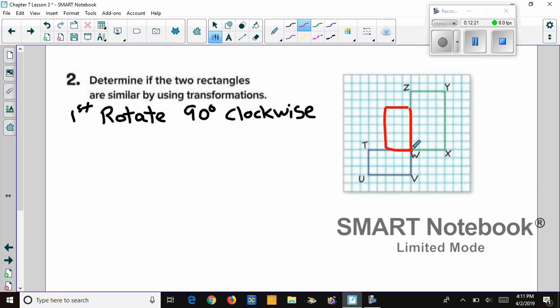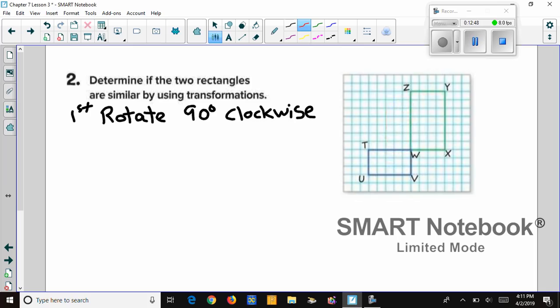They appear to be similar. They're the same shapes. They're rectangles. But are they the same? Do they have proportional sizes? Do the sizes of the length and the width have a ratio between the two rectangles? Let's find out.